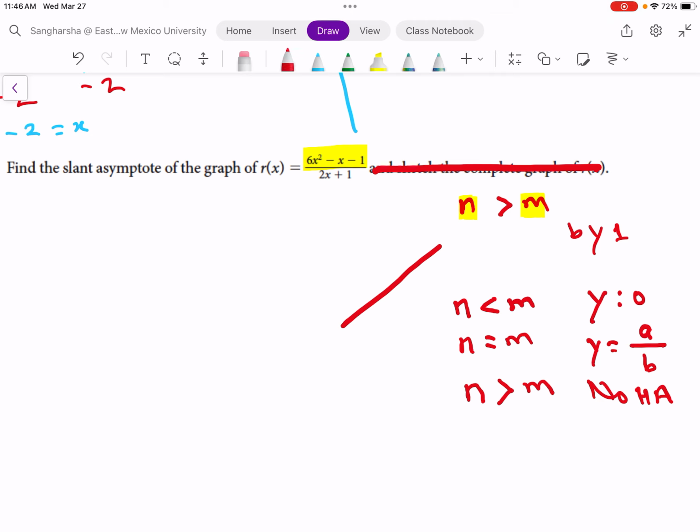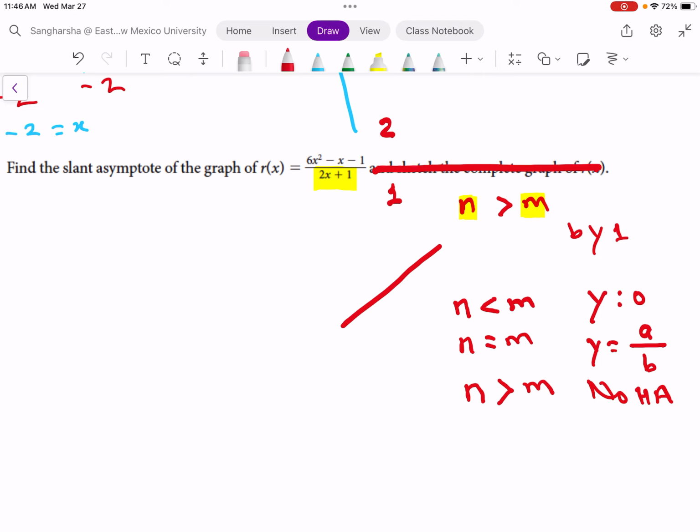Now for this function, what is the degree of numerator? 2, right? And what is the degree of denominator? 1. In this case, is there a horizontal asymptote?